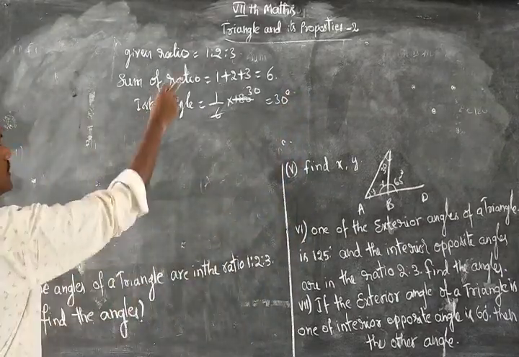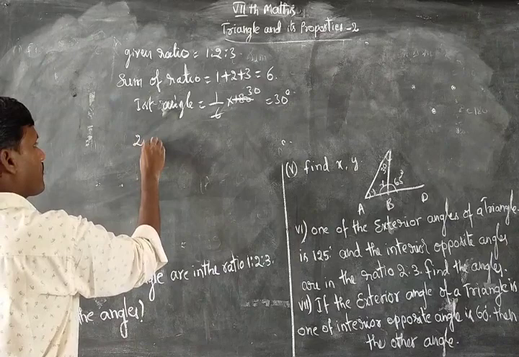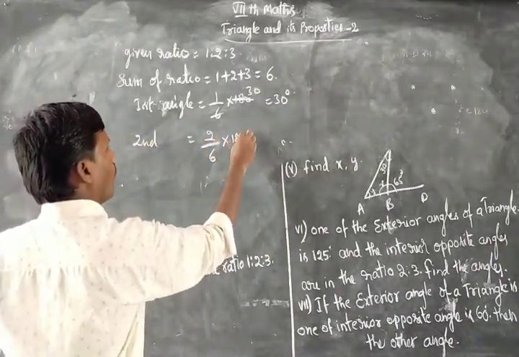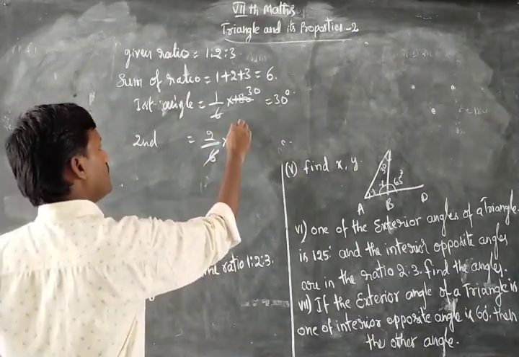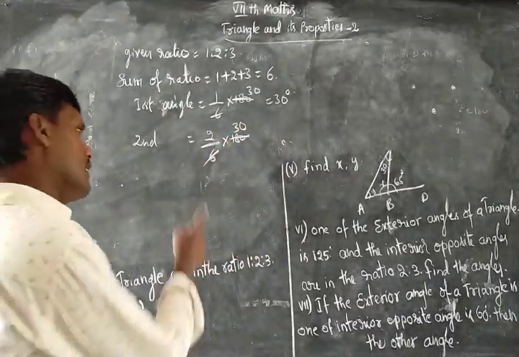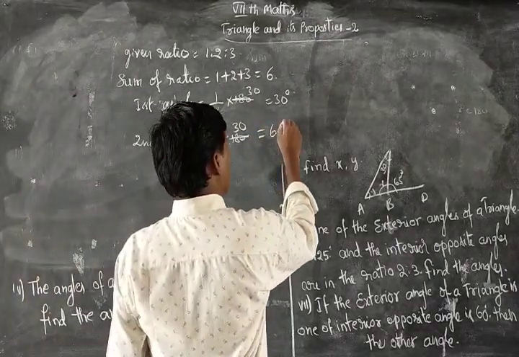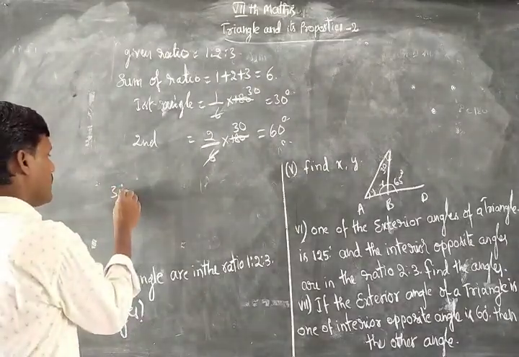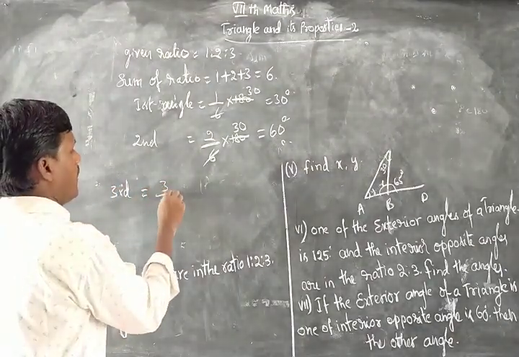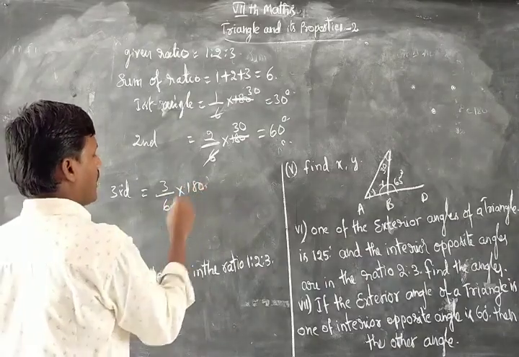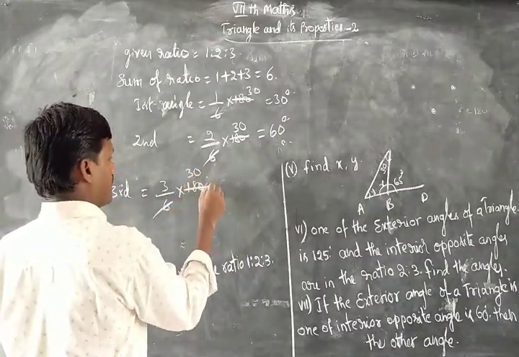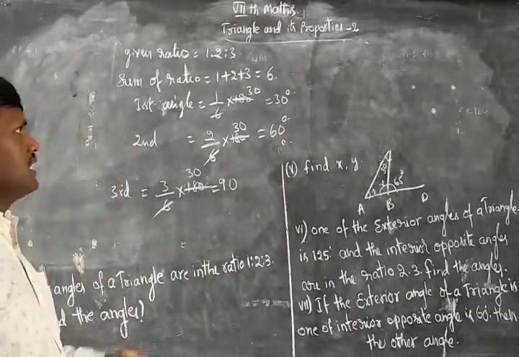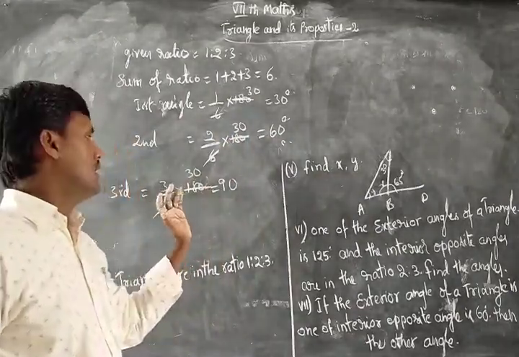The second one is 2/6 into 180. 6 goes into 180 thirty times, 30 into 2 is 60 degrees. Next, the third one is 3/6 into 180. 30 times 3 is 90. So our angles are 30, 60, 90.